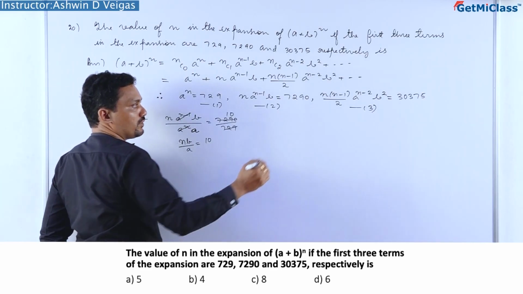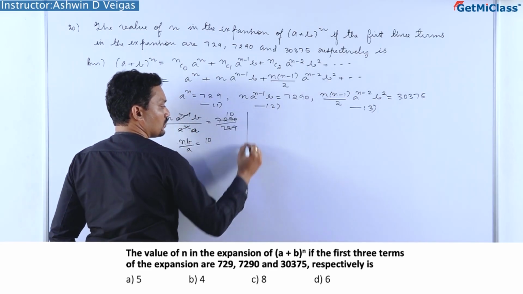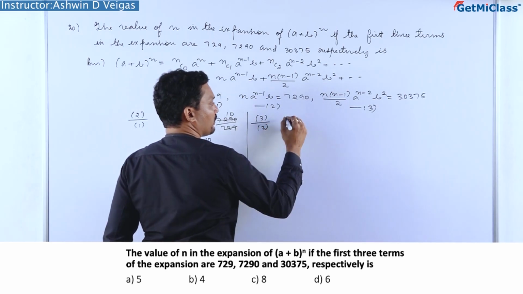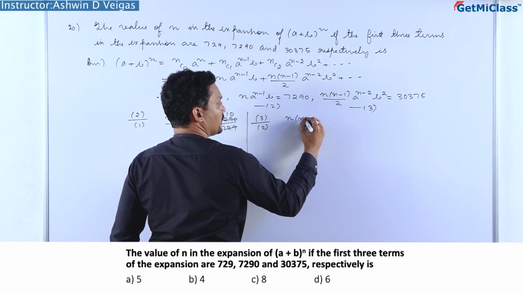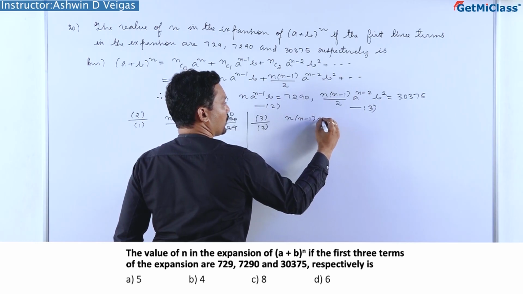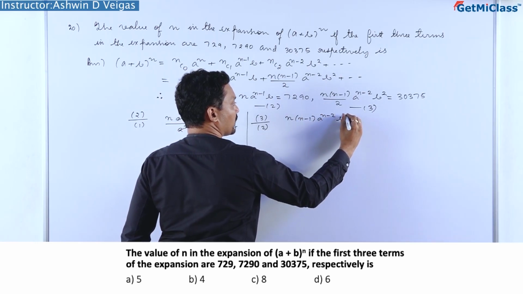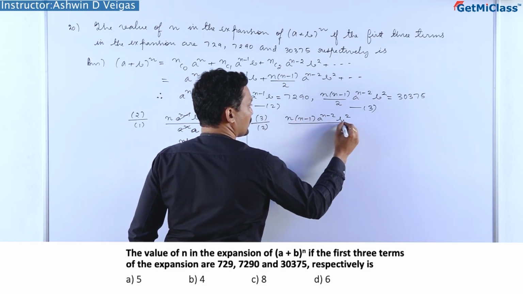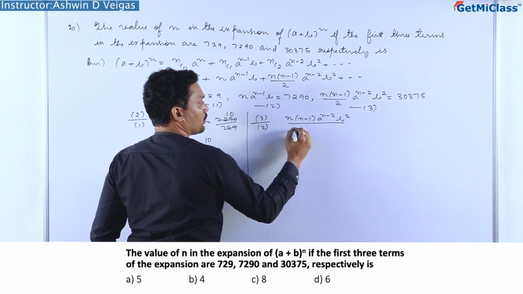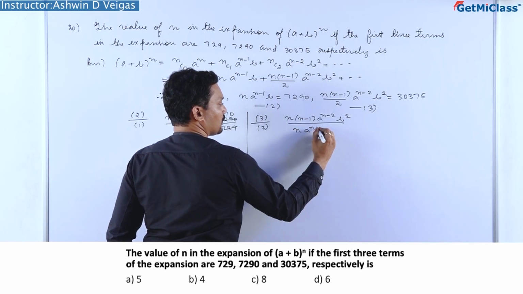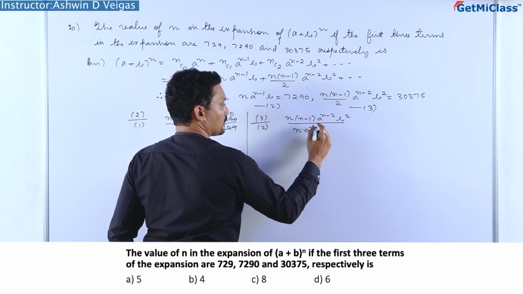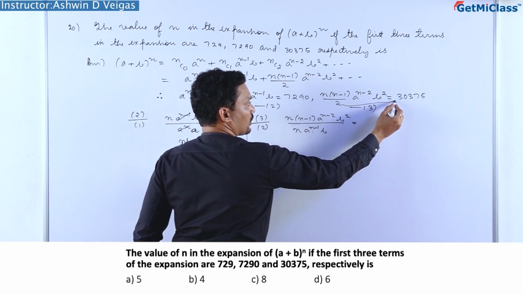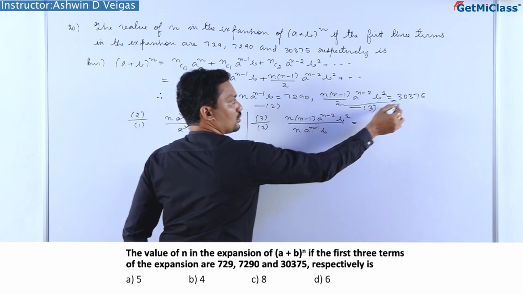Now similarly I will do equation 3 by equation 2. Suppose I do equation 3 by equation 2, I will get n(n-1) a^(n-2) b^2 divided by n a^(n-1) b equal to, now let me cross multiply here and take 2 to the other side.